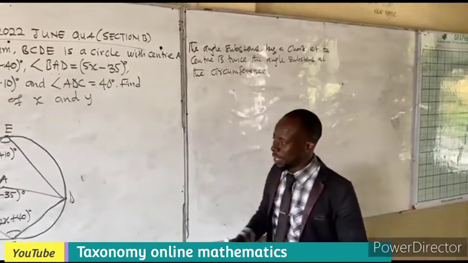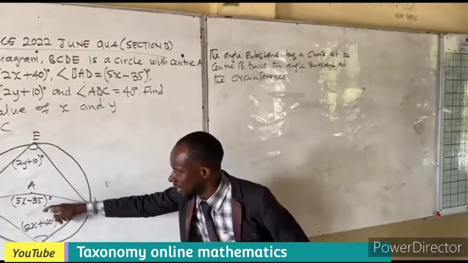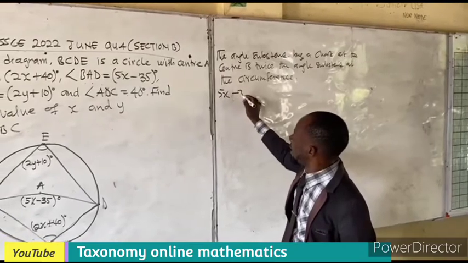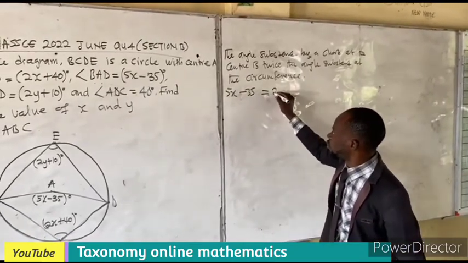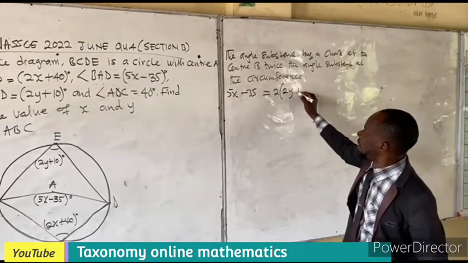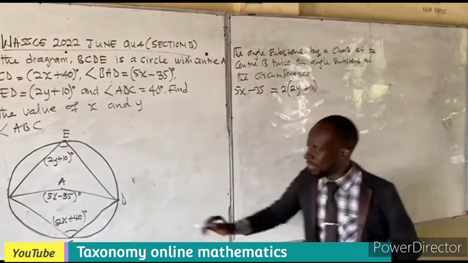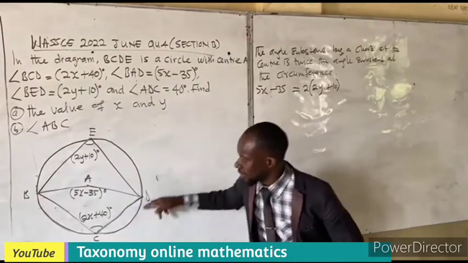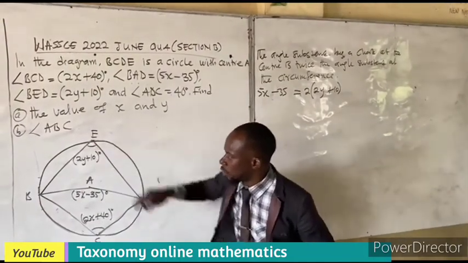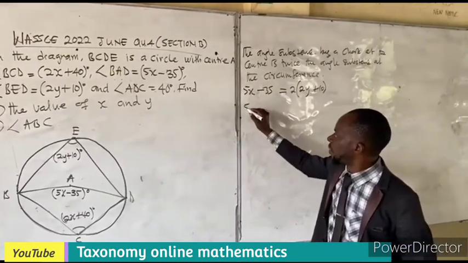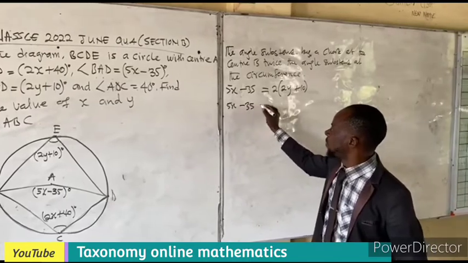So this angle here, which is 5x minus 35, is going to be equal to twice the angle at the circumference, which will be 2y plus 10. This angle is the angle at the center subtended by this arc, and this is the angle also at the circumference. So let's expand this to have 5x minus 35.